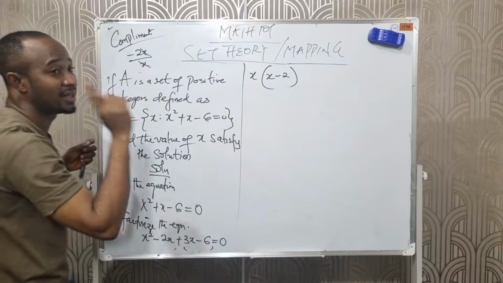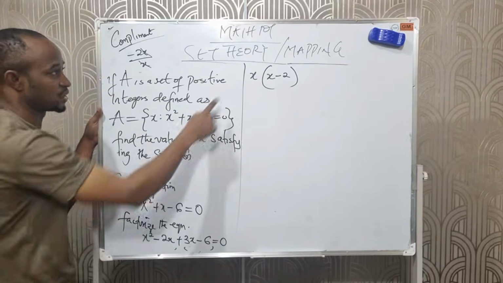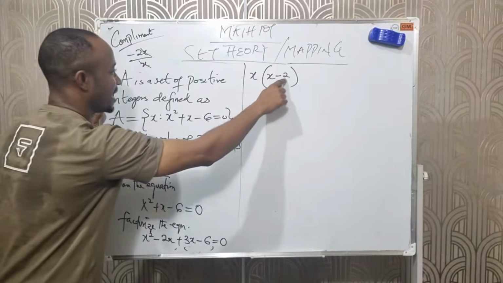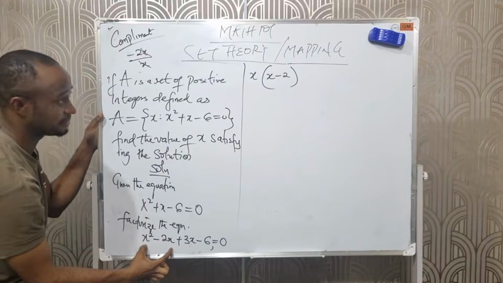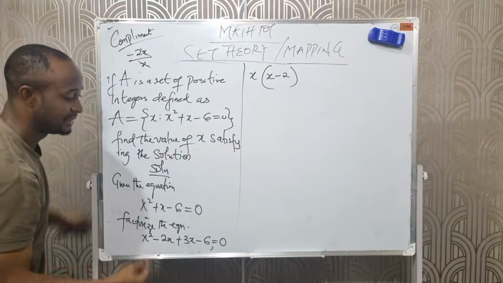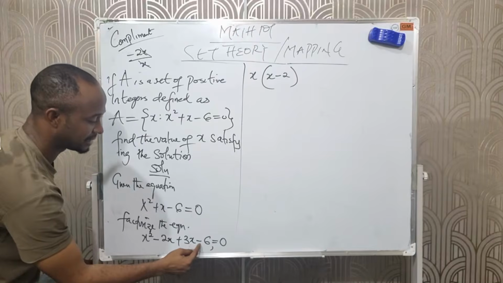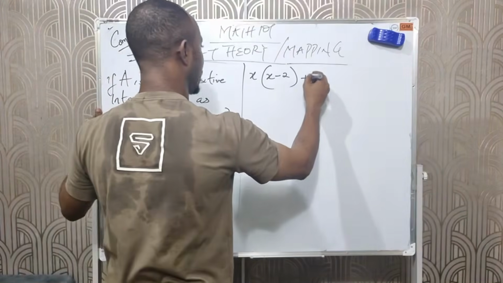Okay. So at the end of the day, when you multiply this back, let's watch. What is x times x? x squared. What is x times minus 2? Minus 2x. Then we are done with the first and second term. The next is to factorize the other pair. Between 3x and minus 6, what's common?